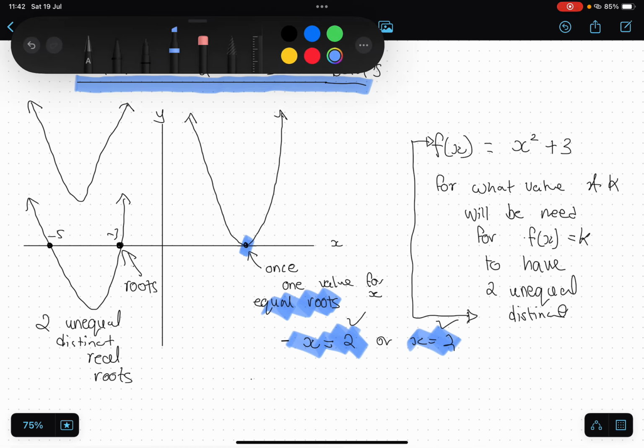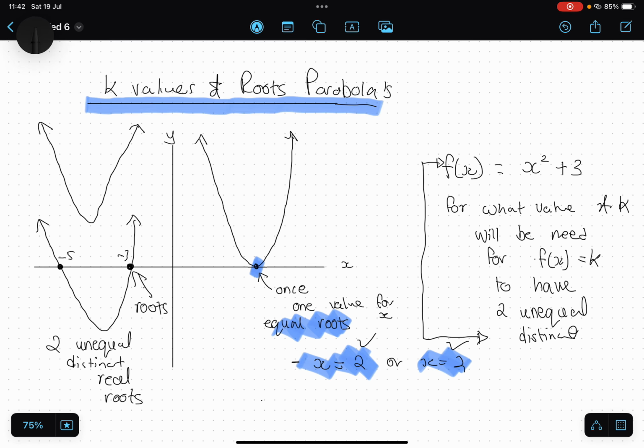Now the other option, let's call these 1, 2, and 3. The third option, this parabola, does not have any x-intercepts with the x-axis.